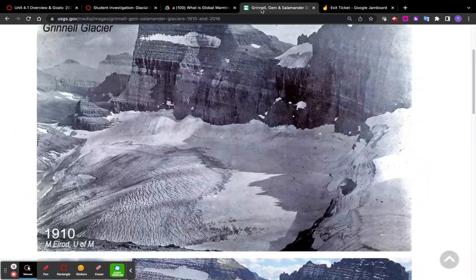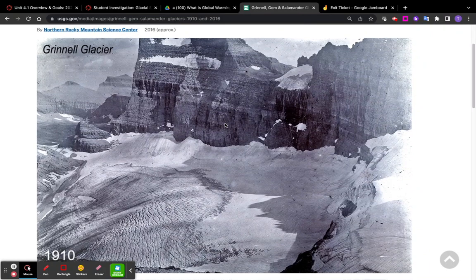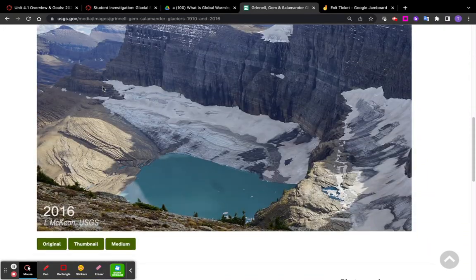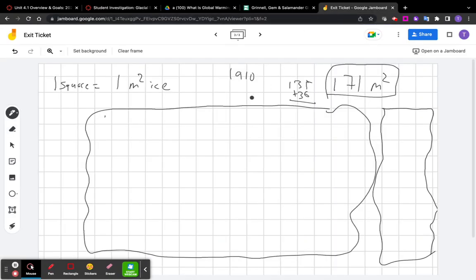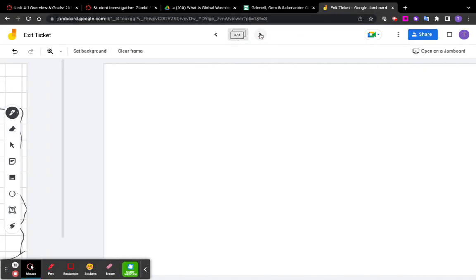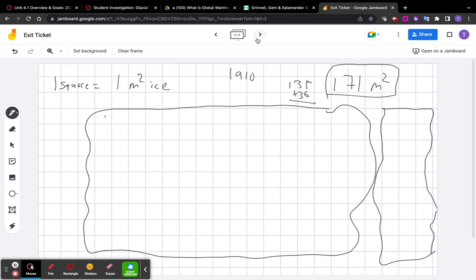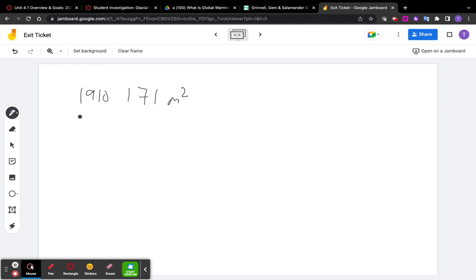All right. Then what you're going to do is you're going to look at the same one, the Grinnell Glacier. You're going to look at it in the present, and you're going to repeat that. And if you do that, just the way I did the other one, let's say in 1910, it was 171 meters squared.